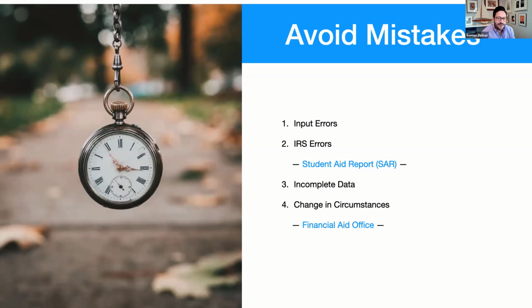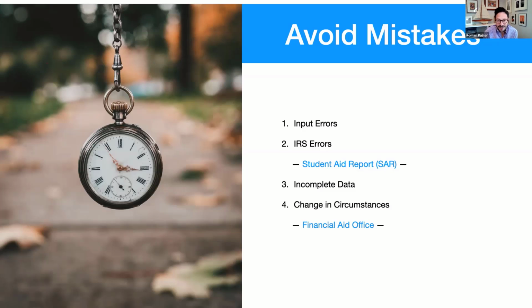Now, there's one other thing I want to mention. Colleges are pulling your income data. I shouldn't say colleges. The FAFSA is pulling income data from 2 years prior. So if you're applying in 2020, they're going to be looking at your 2018 tax return. What if your income has changed dramatically?